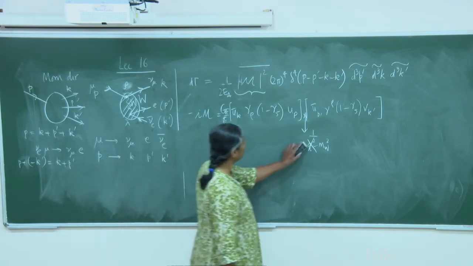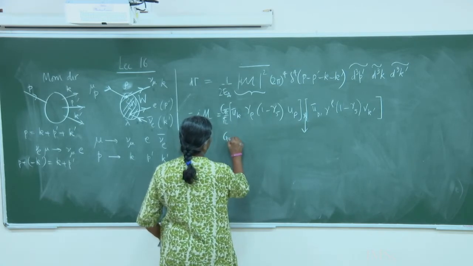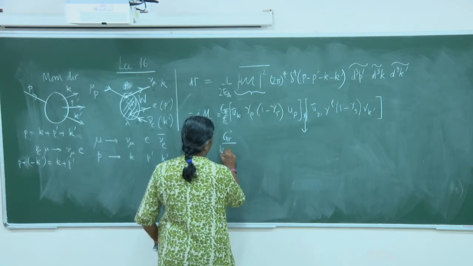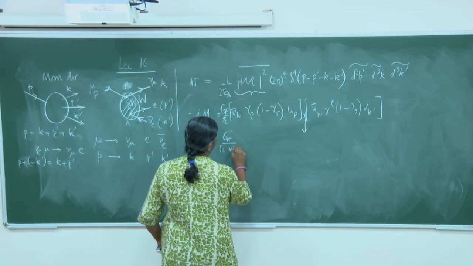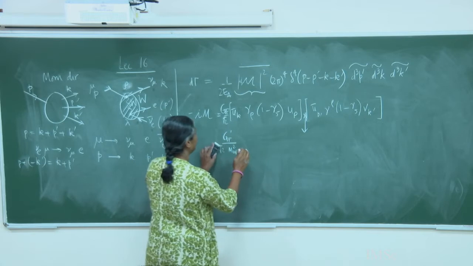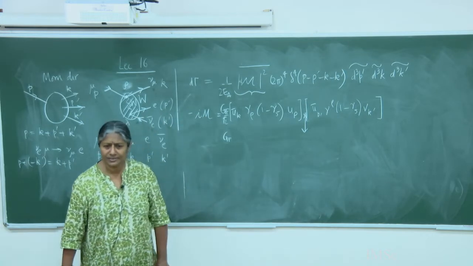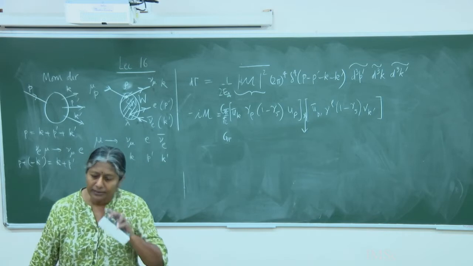So I will be left with a term which has some Gf prime by root 2 and an mw squared, which is another constant. So I simply absorb it in Gf and call that Gf prime as Gf, that is all.